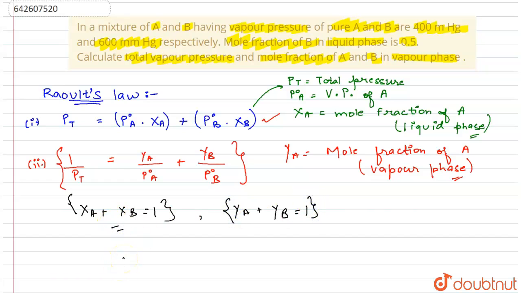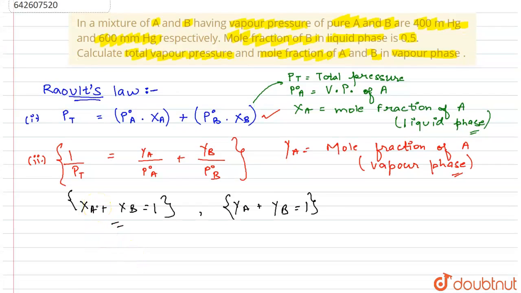As I told you, XA means the mole fraction of A, that is the fraction of molecules of A upon total molecules. When I add the fraction of molecules of A and of B individually, I get total molecules present.